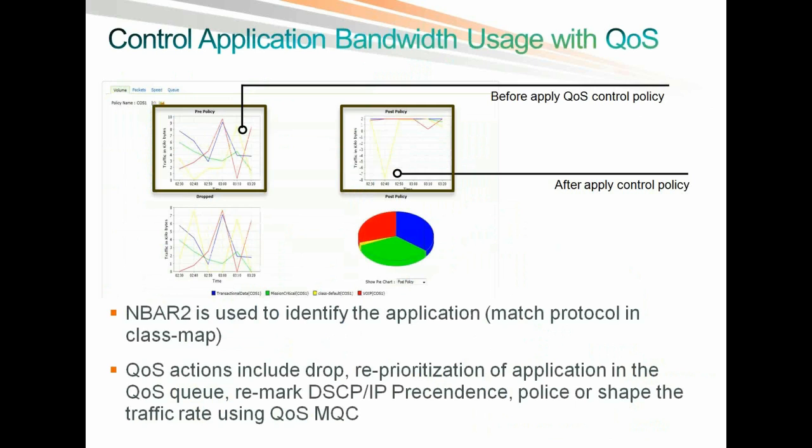Now with that said, what you can do is you can look at these individual policies, either campus-based policies or WAN-based policies, and you can use ManageEngine to do this. So you pipe out the NetFlow information, and you can look at the class-based QoS MIB as well to look at what the policy looks like or what the network looks like pre-policy.